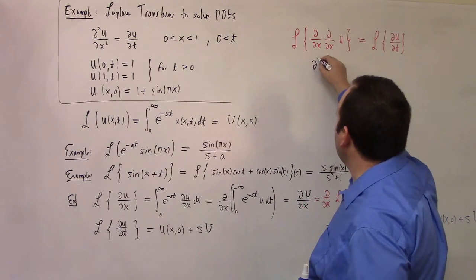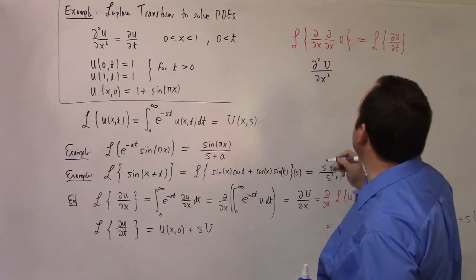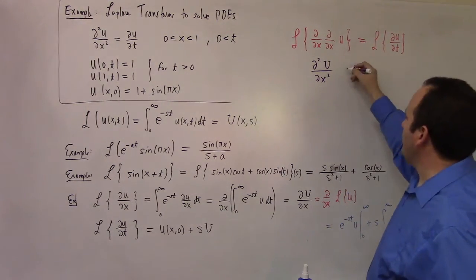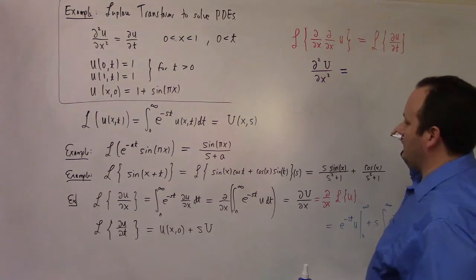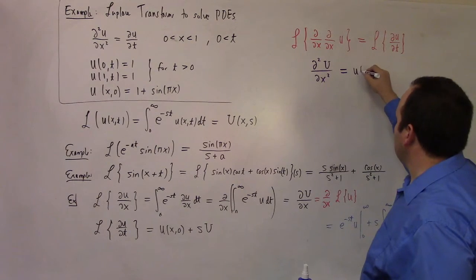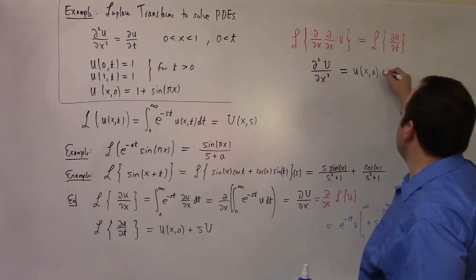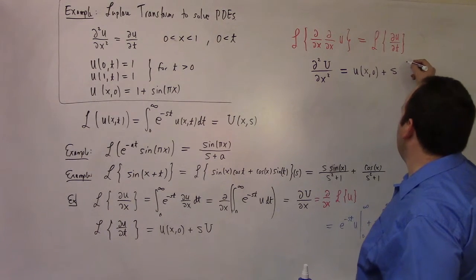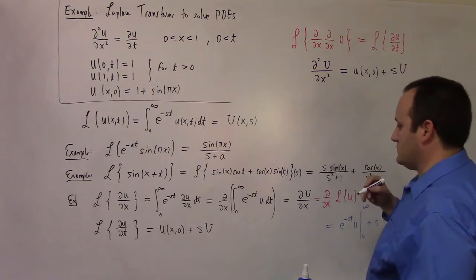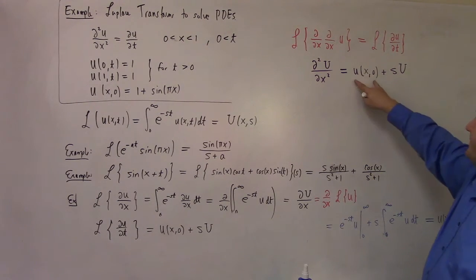So this up there is exactly the second partial of big U with respect to x. And this guy over here, the Laplace transform of partial u partial t, was little u of x comma 0, plus s times the big U. Now what is this?